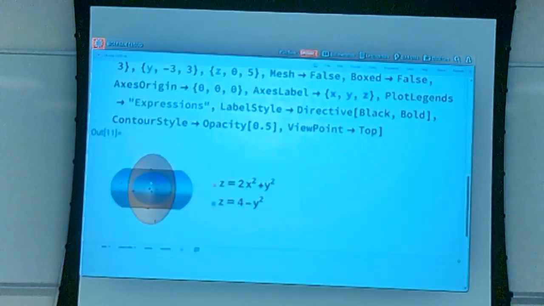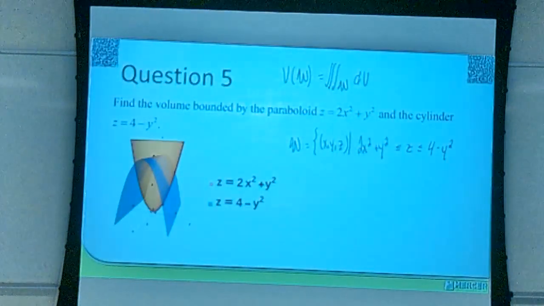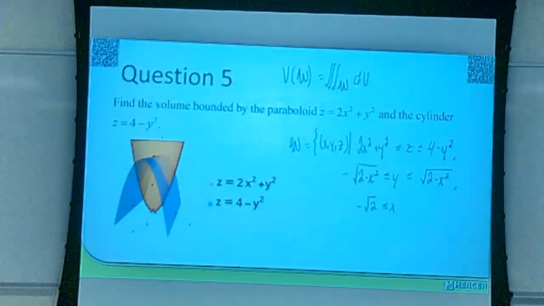It actually does not matter in this case. I'm going to go with dy dx. That is the total description of W.